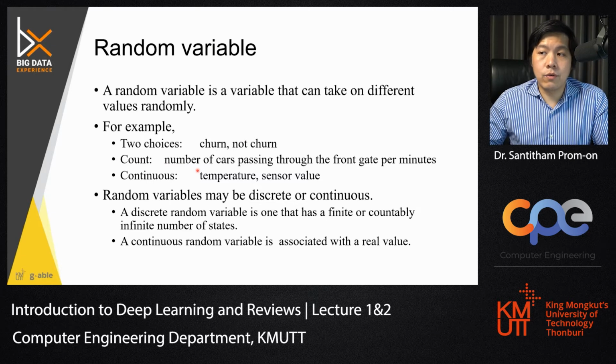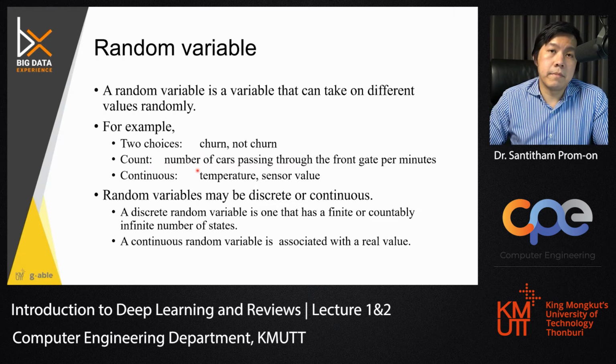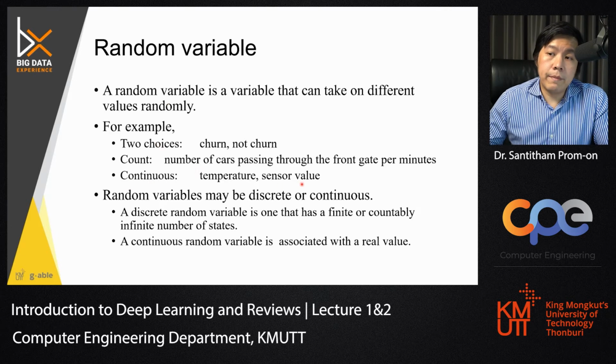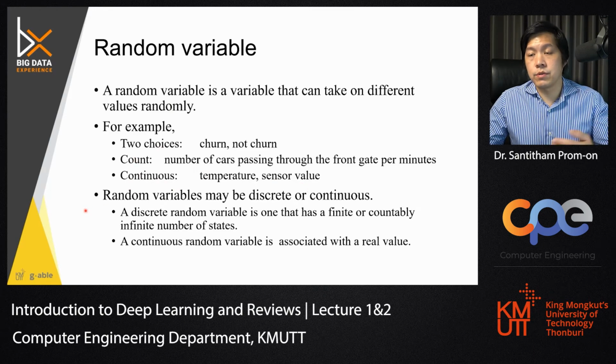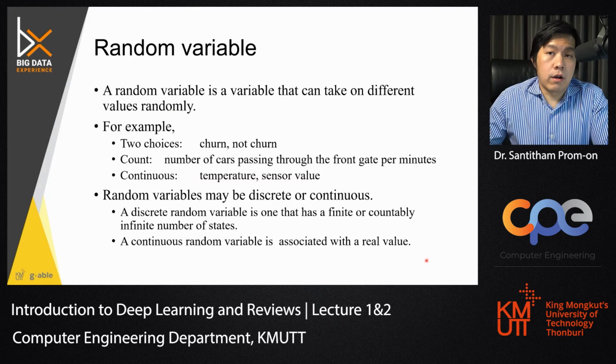It can be a count, like the number of cars passing through the university per minute, or the number of customers coming through the store each hour. It can be a continuous variable as well, like temperature and sensor data, because they also contain certain uncertainty. So a random variable can be discrete or continuous.